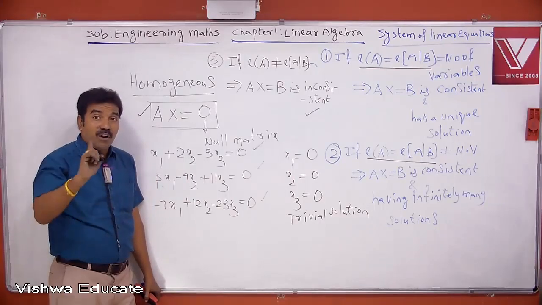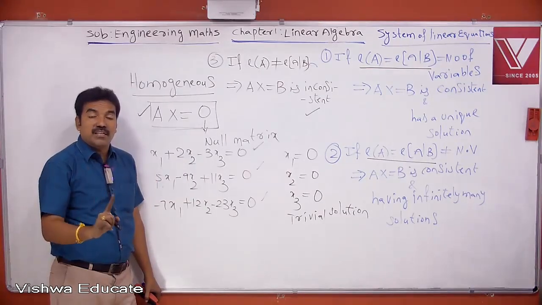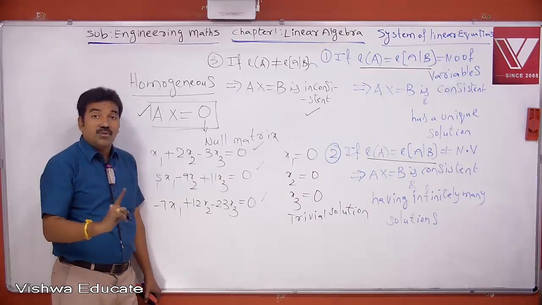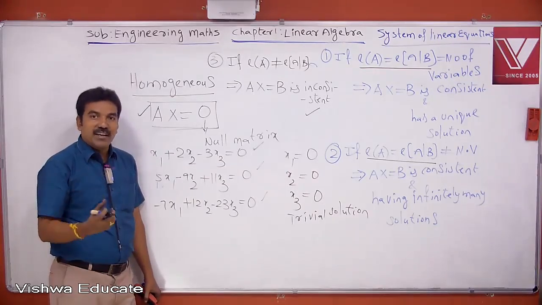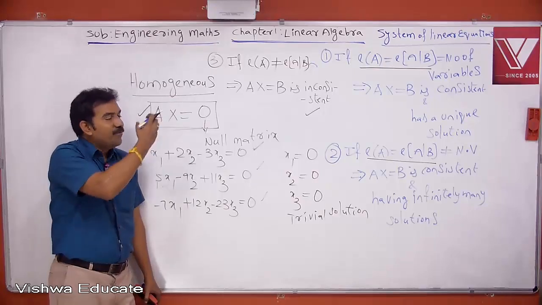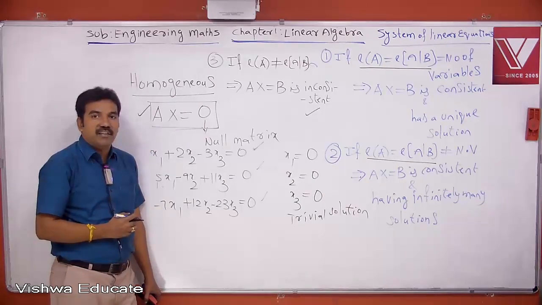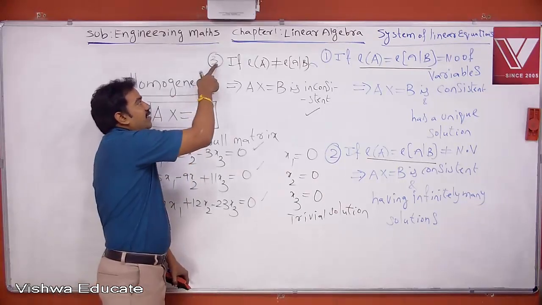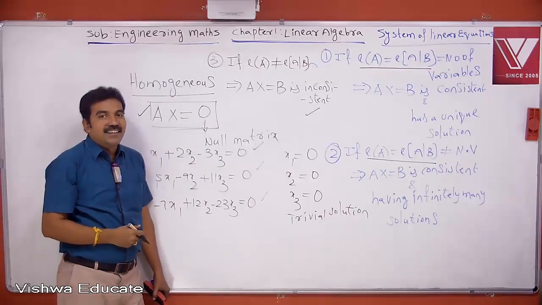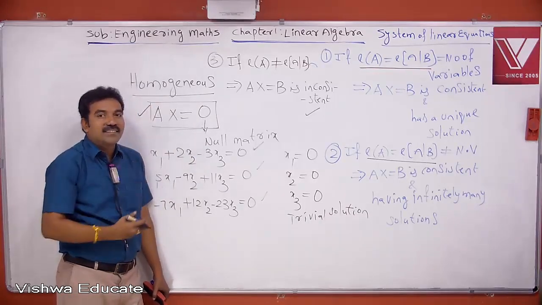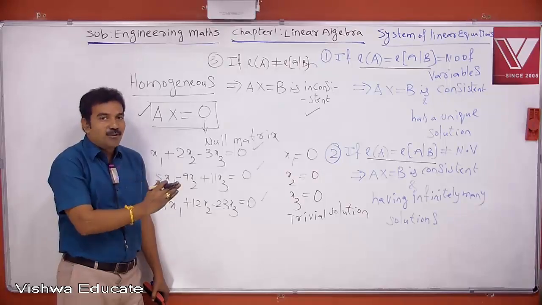Suppose at least one variable in a solution is not equal to 0, such a solution is called a non-trivial solution. Now, you can easily guess, when you are working with a homogeneous system of equations, you will not get case 3. Case 3 meant inconsistency. But here there is no chance.